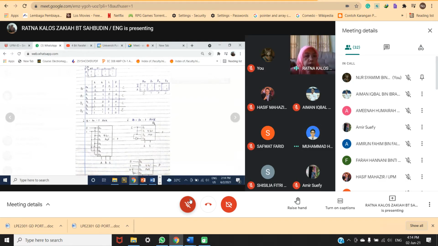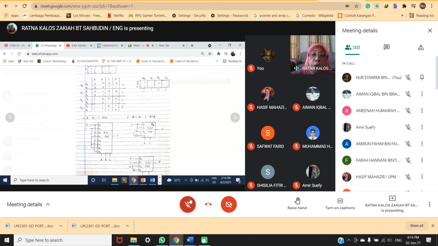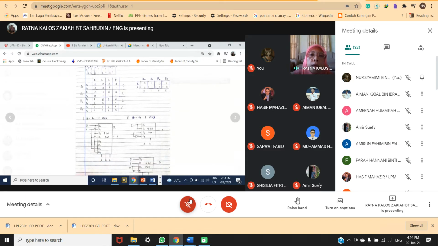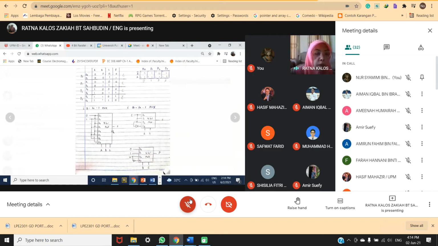Okay, look at the first answer first. Implement using 8 to 1, so you just copy according to the F. You label as D, so D0 is connected to 0, D1 is connected to 1, D2 to 0, D3 to 1, D4 to 0, D5 to 1, D6 to 1, D7 to 0.